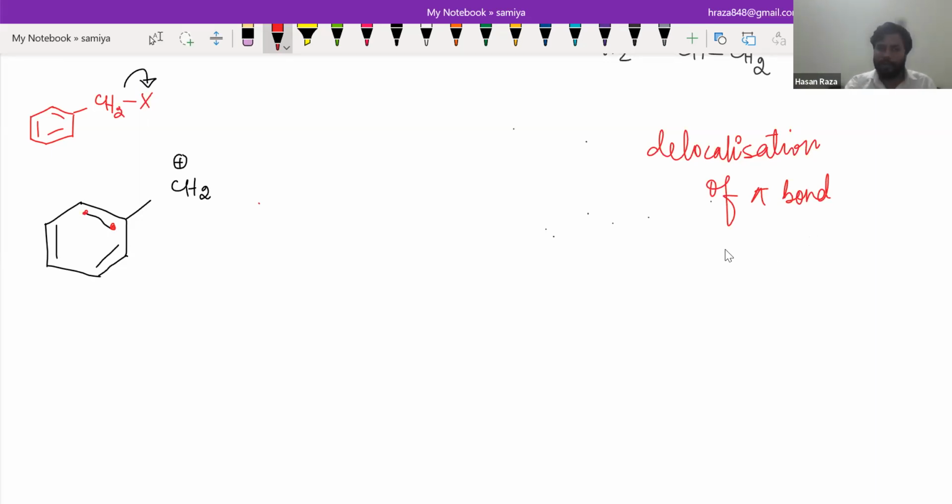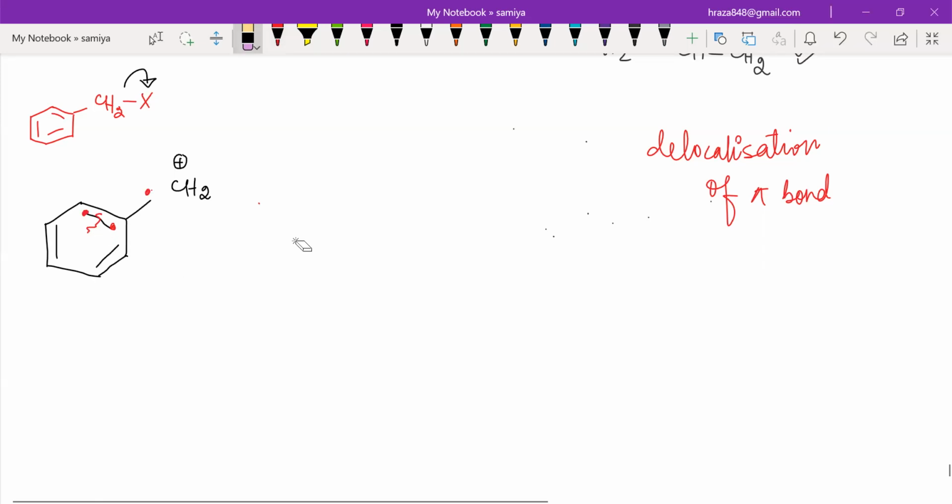Movement of pi bond will take place. So see what happens. This electron will be transferred to this, and since this electron is moving to this, that means this bond will break. Yes or no? Yes, sir. Yes, this bond will break.